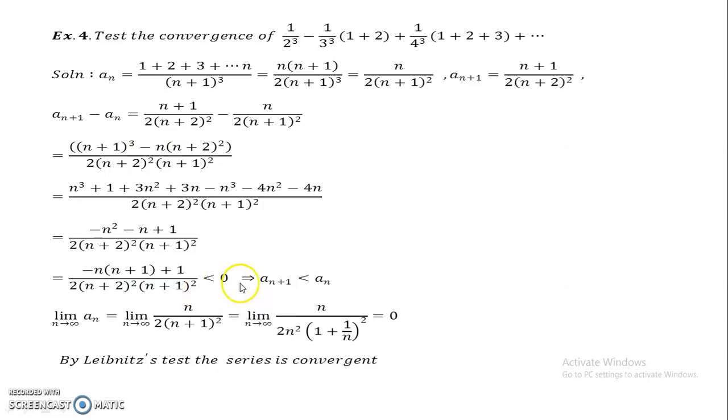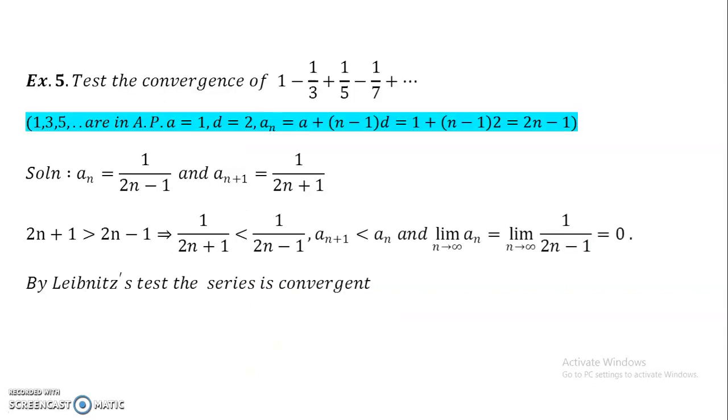That's why a_(n+1) is less than a_n. Also we have another condition for the Leibniz test: the limit of a_n as n approaches infinity, for this a_n, that is n by n plus 1 whole square. Obviously, if you take n square outside in the denominator, n remains in the denominator, and 1 by n at infinity is 0. So both the conditions for the Leibniz test are satisfied, and the given series is convergent.